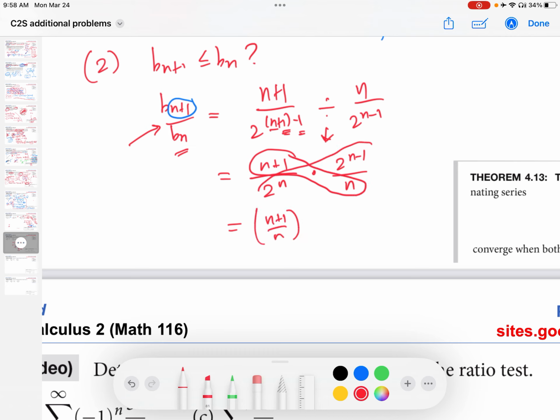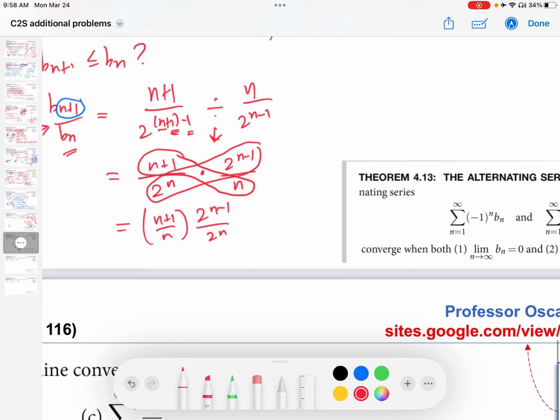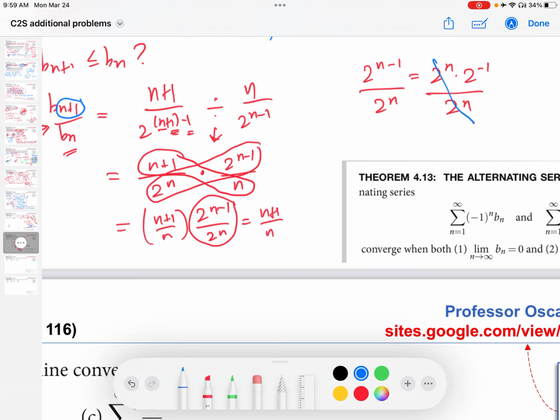And then this part over here, 2 to the n minus 1 over 2 to the n. And then I'm going to do some rules of exponents, right? Well, 2 to the n minus 1 is 2 to the n times 2 to the negative 1. So when I divide that by 2 to the n, these two go away. And so I am left with 2 to the negative 1, which is 1/2. So I'll put this over here times 1/2. So I'm left with n plus 1 over 2n.